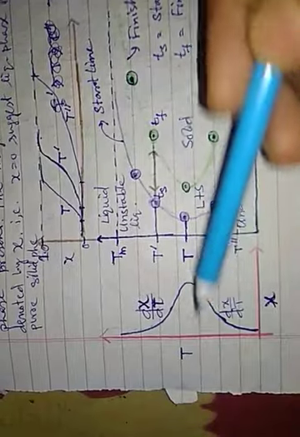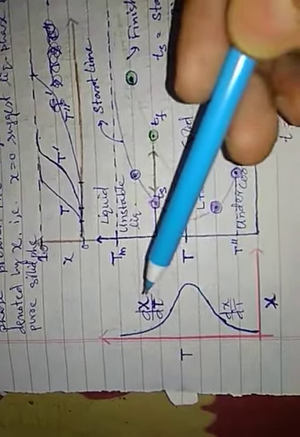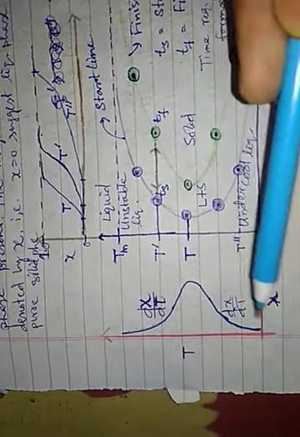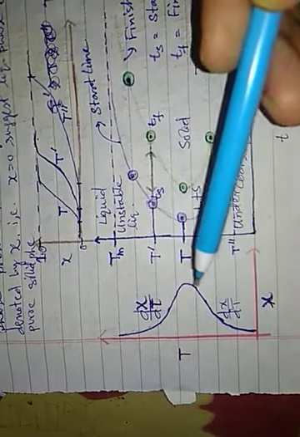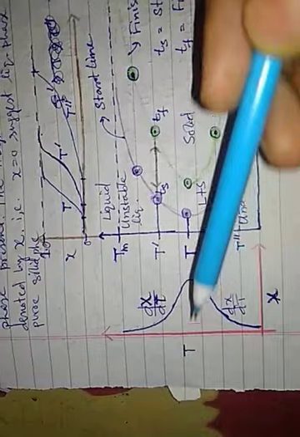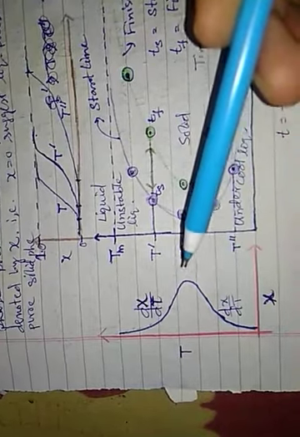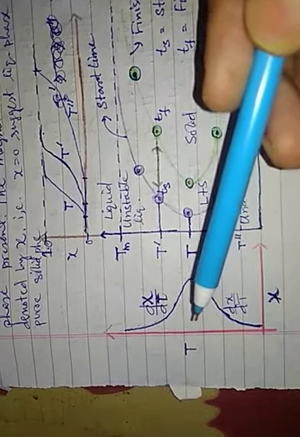At an intermediate temperature, the extent of transformation will be higher. So this plot looks like a Gaussian plot, which always passes through a maximum, and at this maximum point we have the maximum extent of phase transformation from liquid to solid.